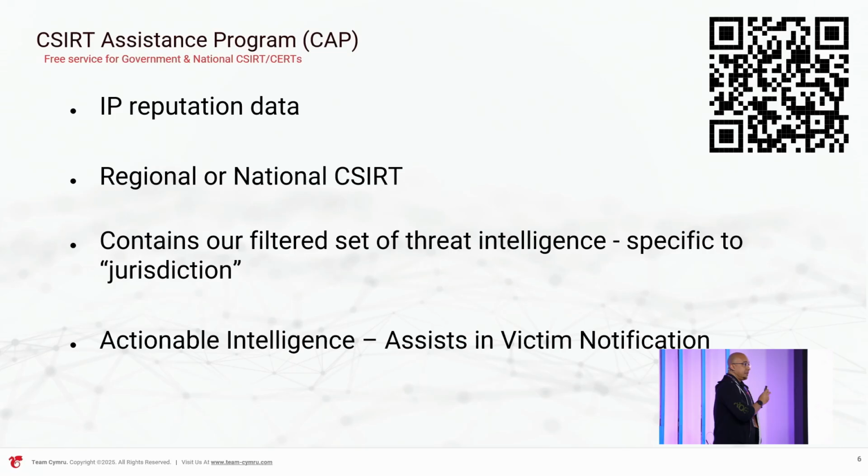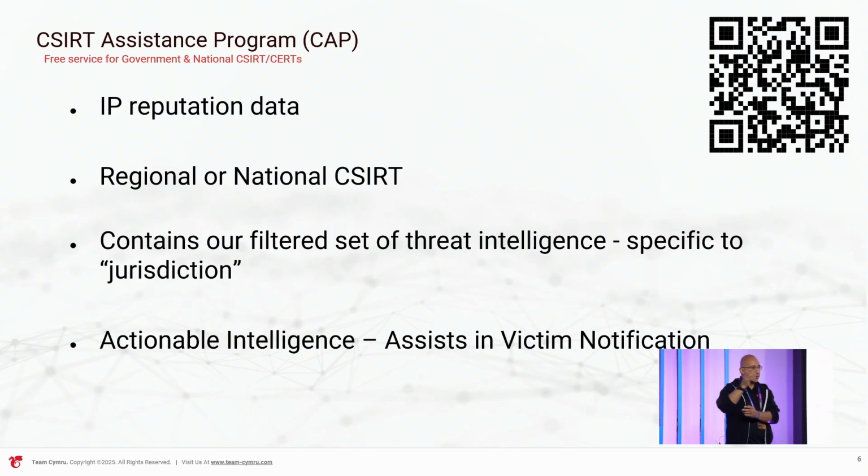So this is probably the most mission-focused thing we have. Team Cymru produces IP reputation feeds commercially. We provide that same data for free to every government and national CERT team, with over 200 members currently. For whatever is in their jurisdiction, we provide that to them.